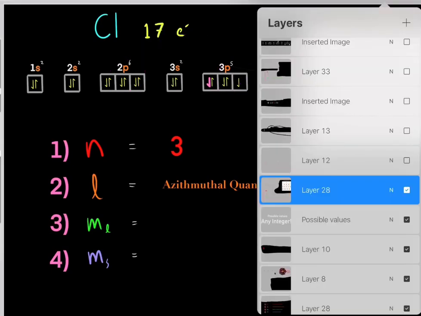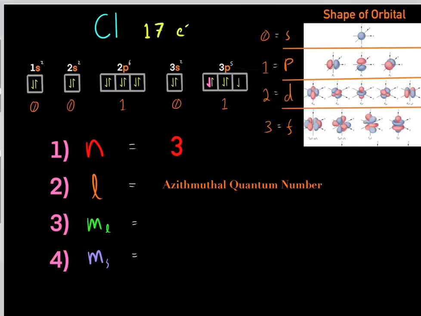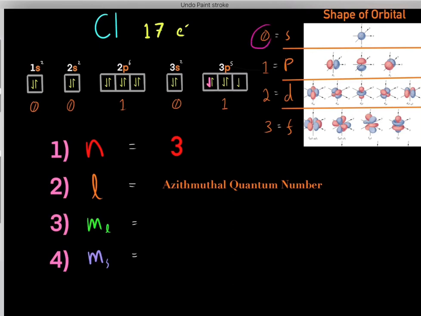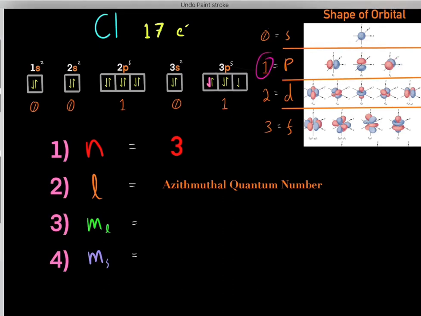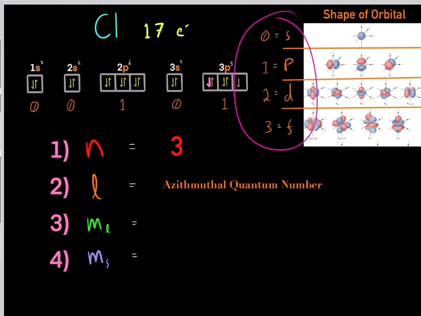But something you simply have to memorize is that whenever you have an s orbital, the azimuthal quantum number is 0. Whenever you have a p orbital, the azimuthal quantum number is 1. When you have a d orbital, the azimuthal quantum number is 2. And when you have an f orbital, the azimuthal quantum number is 3. And this is something you just simply have to memorize.